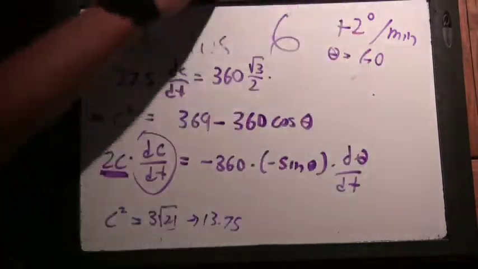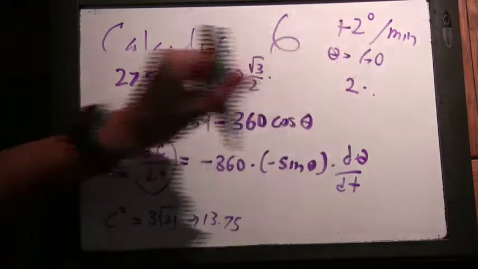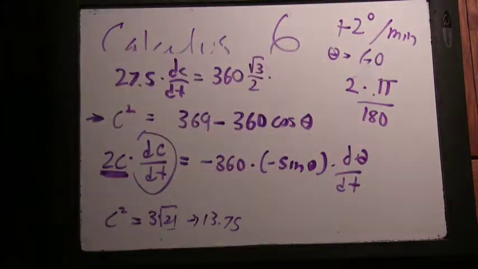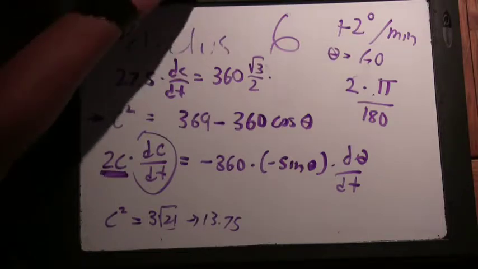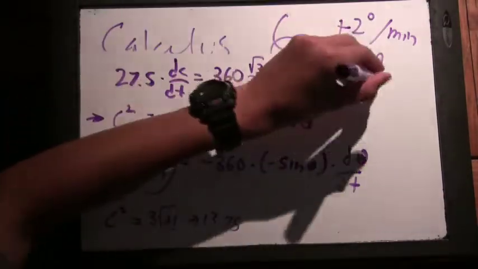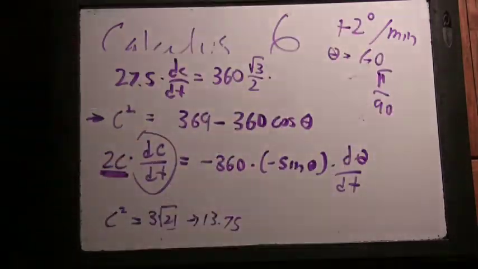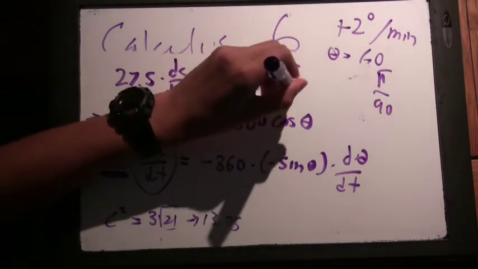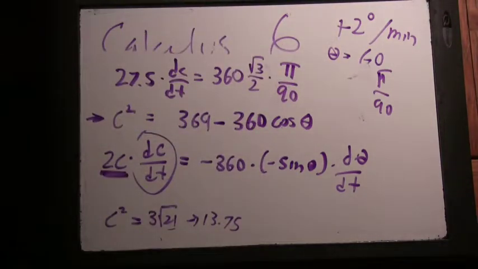So it's 2 times pi over 180. I think that's how you switch. Okay. Yeah, so it's pi over 90. There you go. So that's something we haven't talked about yet, but that's fine. So pi over 90.